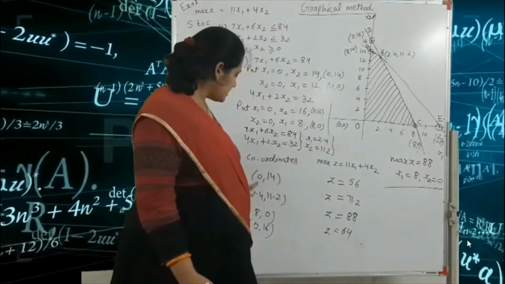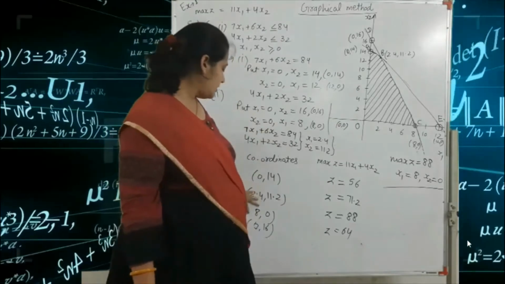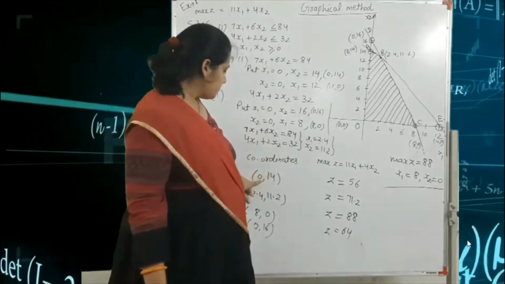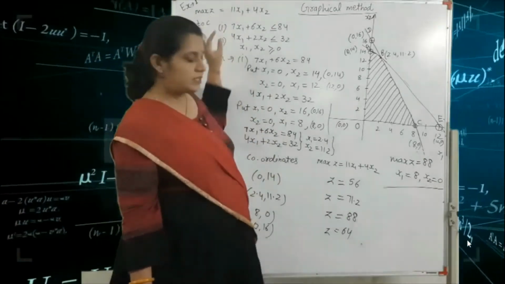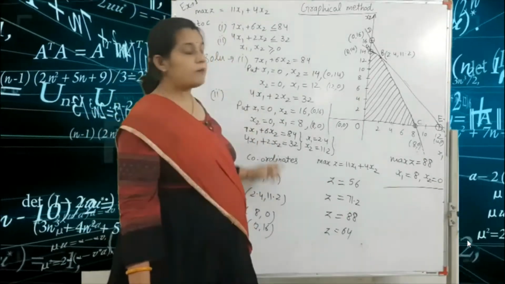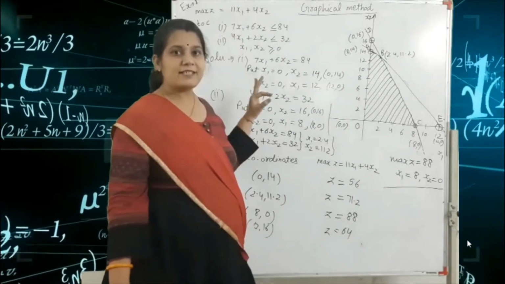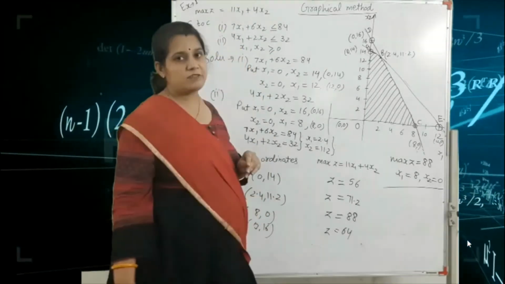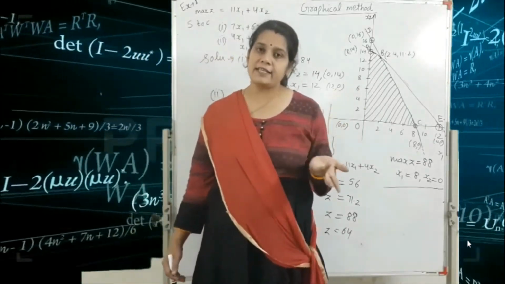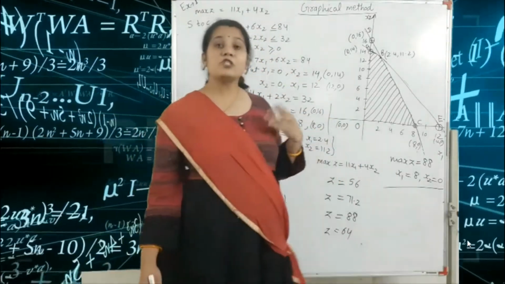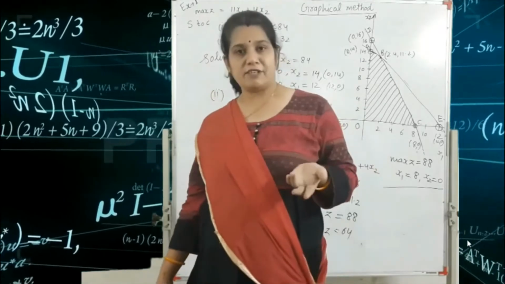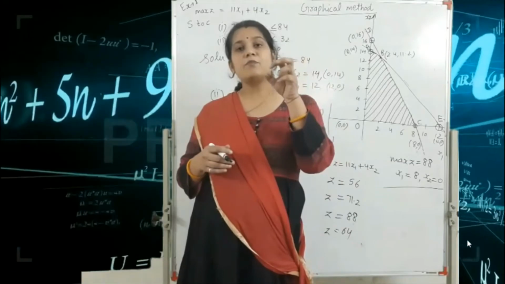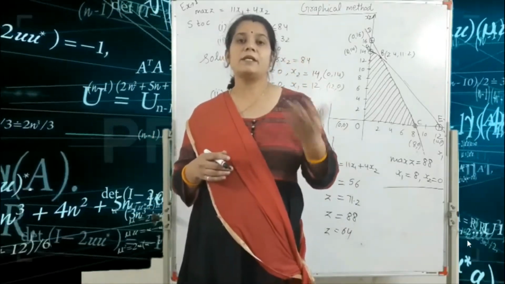But all these 3 points satisfy both equations. That means 0, 14 satisfies the equations, 2.4, 11.2 also satisfies the equations, and 8, 0 also satisfies the equations. So always write all the points and check them against the constraint equations. If your constraint equations are satisfied, then these points are considered in the feasible region.